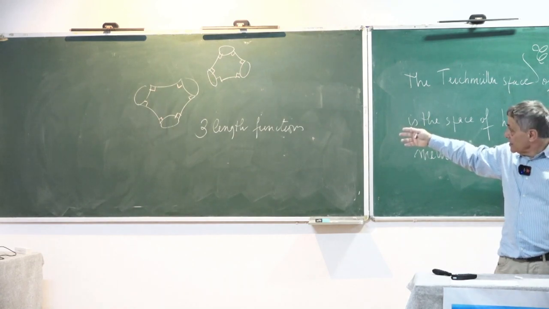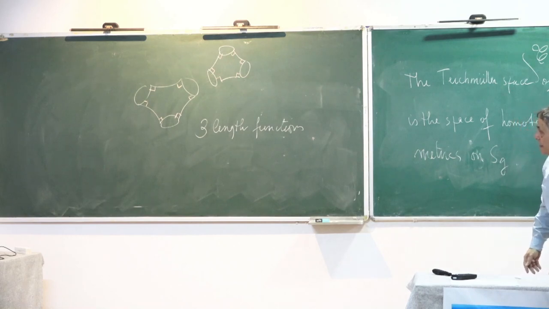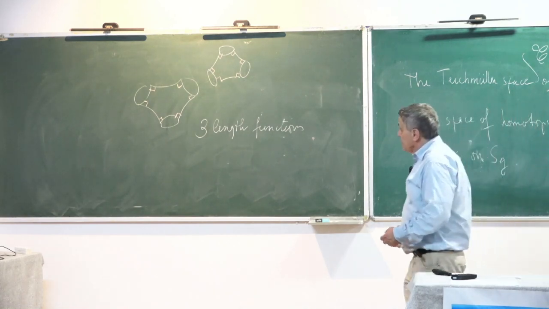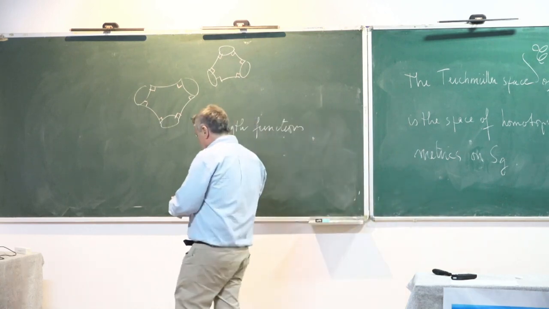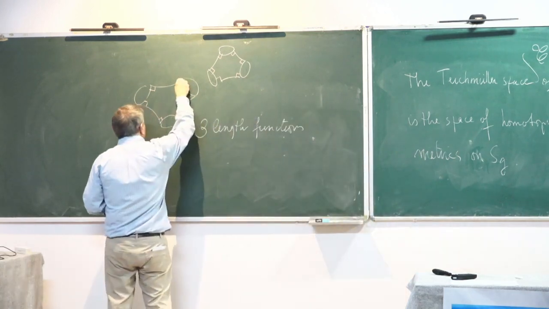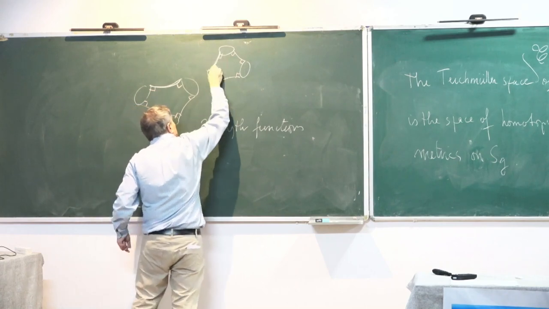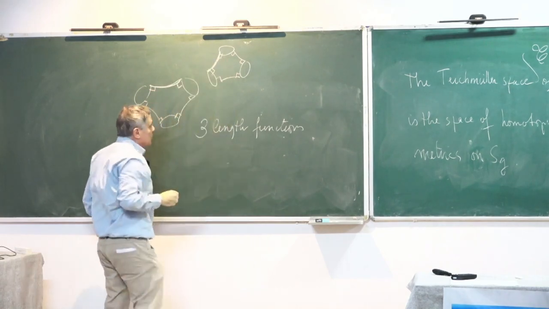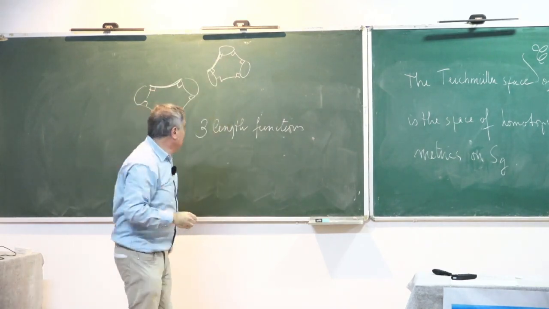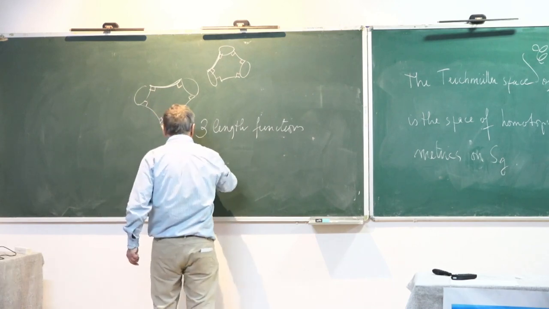What other length functions do you have on this? What other closed curves do you see on this surface? Well, this one here, since it is perpendicular, it goes with this one here, and then it closes. So in fact, I don't have 3. I have 6.